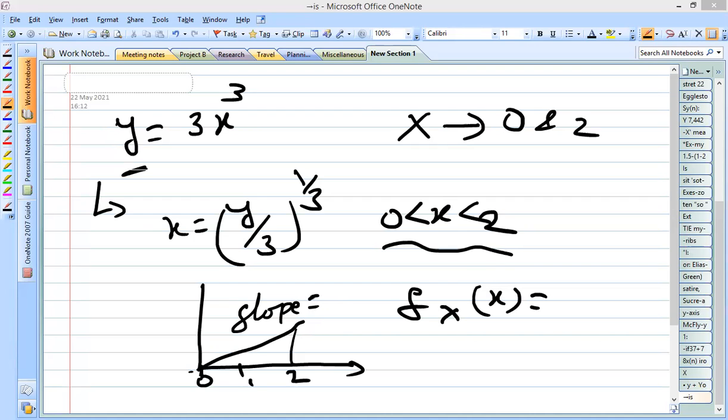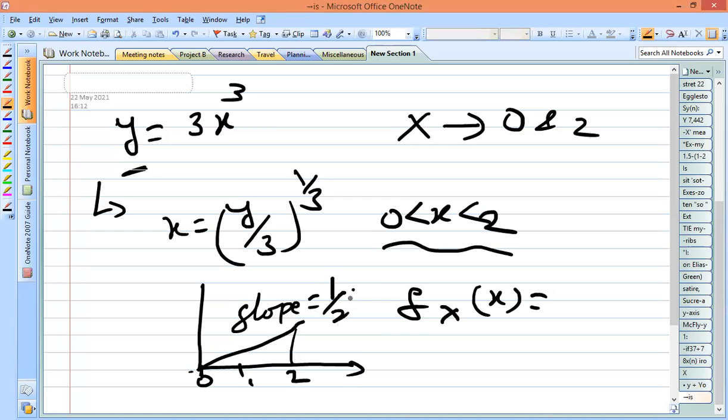How much does it come to, Kavya? You don't know? How many units are there? 2 units. So 1 by 2, which is equal to 0.5. So fX of x is simply 0.5.